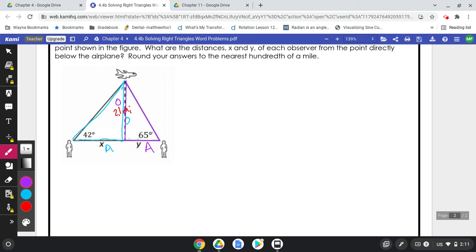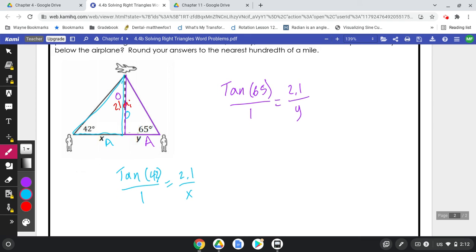So for this second one, the tangent of 65 equals TOA, O over A. So 2.1 divided by y. Meanwhile, for that first one, the tangent of 42 equals O over A, so 2.1 over x.